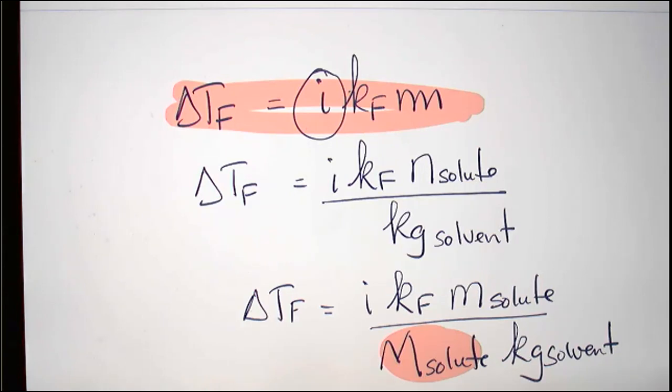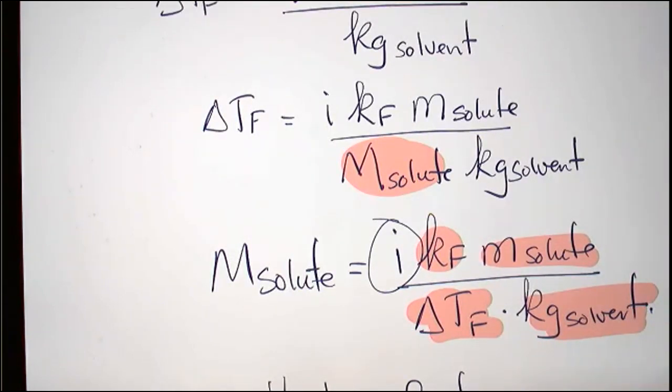Since the molar mass is in the denominator, just multiply both sides by molar mass, and then move the delta TF by dividing both sides by delta TF. What you'll get is that the molar mass of the solute is I times Kf times mass of solute divided by delta TF and the kilograms of solvent.